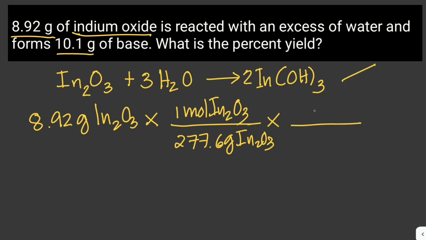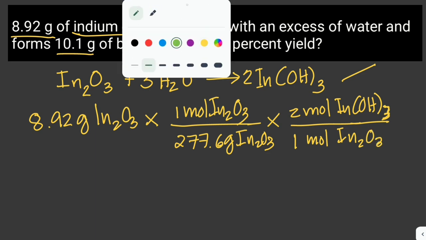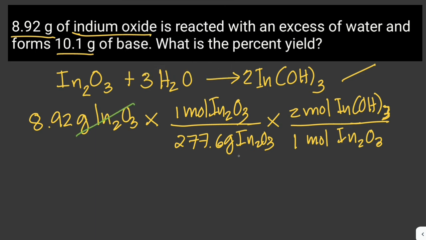And then we multiply by the mole ratio from the chemical reaction here. 2 moles of indium hydroxide is to 1 mole of indium oxide. All right, the grams of indium oxide here cancel out, as well as the moles.